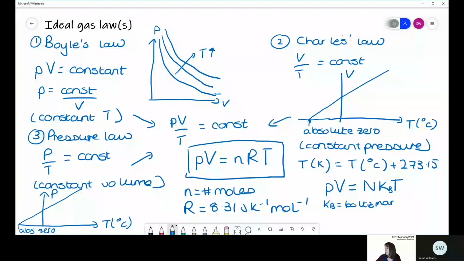Those of you who are familiar with converting between different sets of units will be able to see that for these two equations to be equivalent, you need Nk to equal little n times R for a given gas. You can write capital N, the number of particles, as the number of moles times Avogadro's number, which is around 6.02 times 10 to the 23 inverse moles.